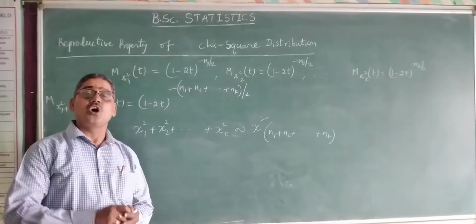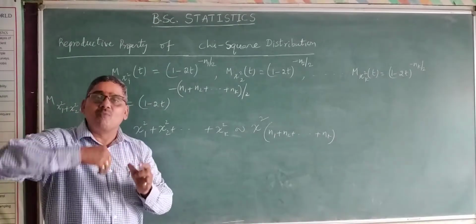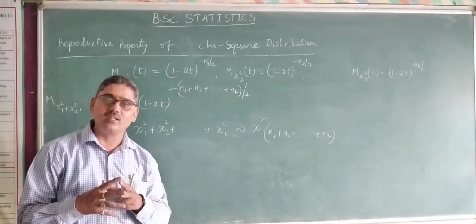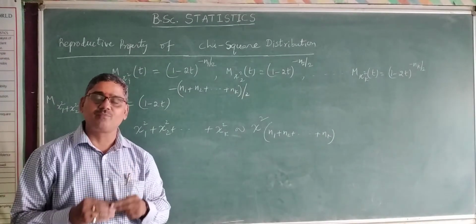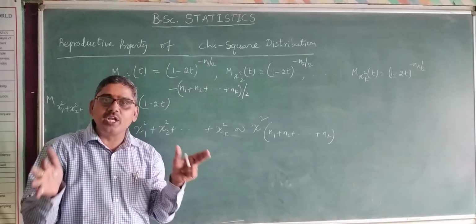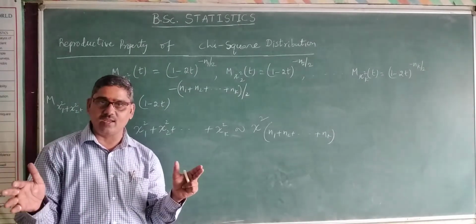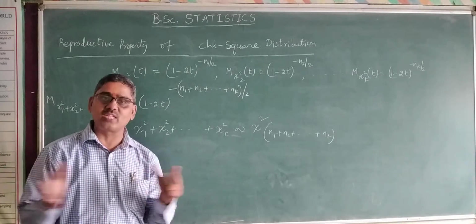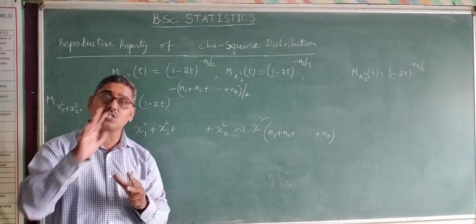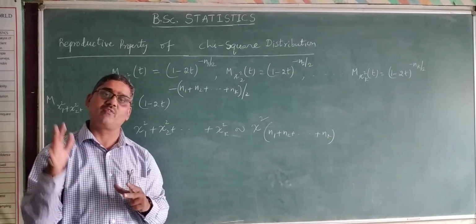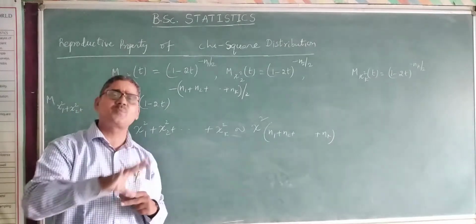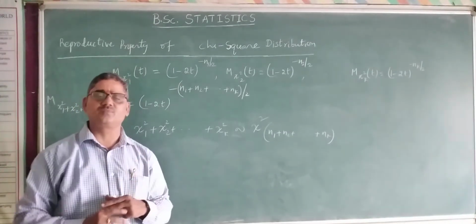What is the meaning of this reproductive property of chi-square? If you consider two independent chi-square variables X and Y and add them, X plus Y also follows a chi-square distribution, with the sum of the degrees of freedom.